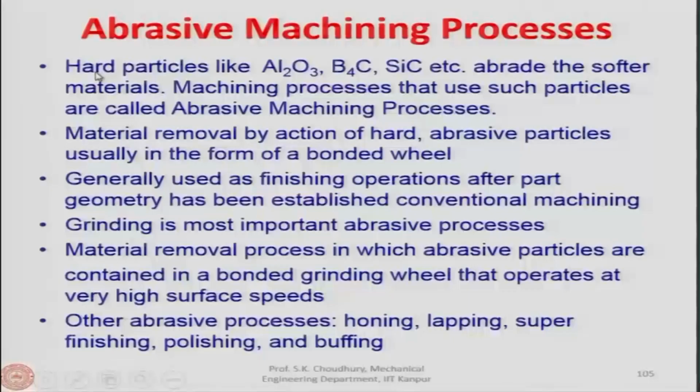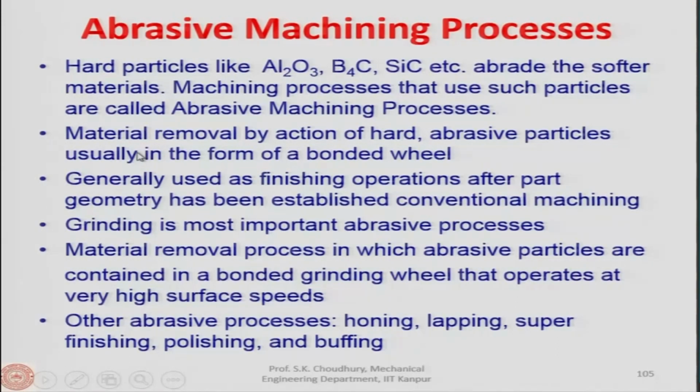That is why the processes using grains like aluminum oxide, boron carbide, silicon carbide are called the abrasive processes. Hard particles like these abrade the softer materials. As I said, machining processes that use such particles are called the abrasive machining processes.